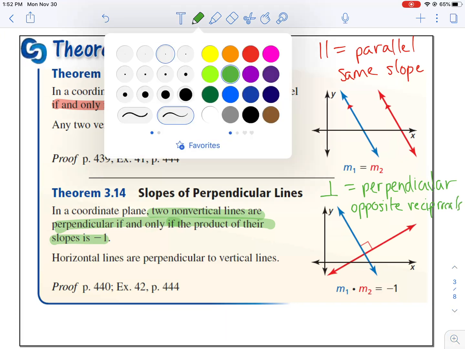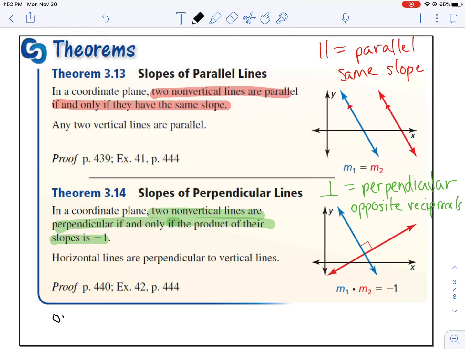Now, what is an opposite reciprocal? You'll oftentimes see me abbreviate opposite as OPP. So an opposite reciprocal. Well, a reciprocal means you flip the numbers. So if I have the number 4 over 5, its reciprocal is 5 over 4.